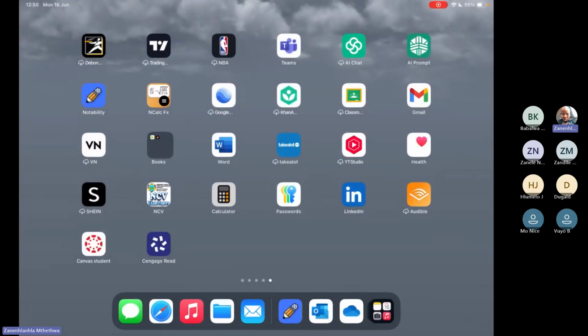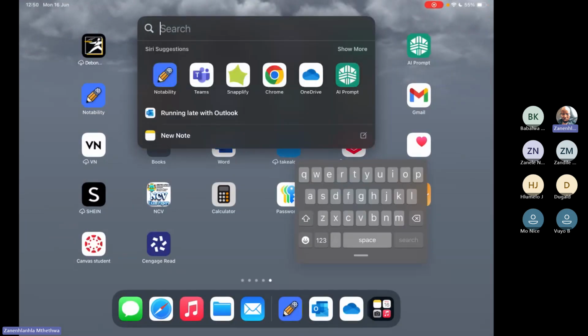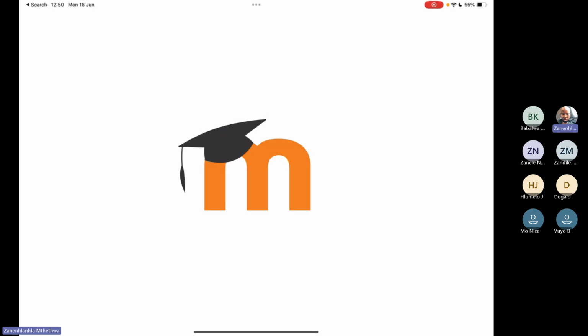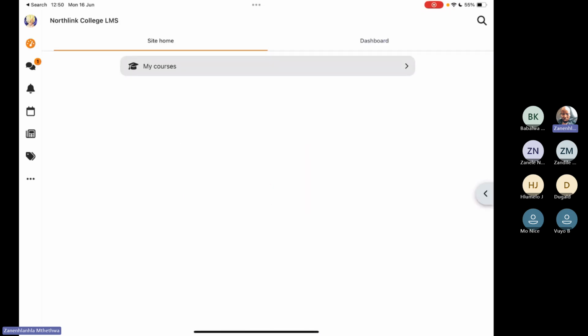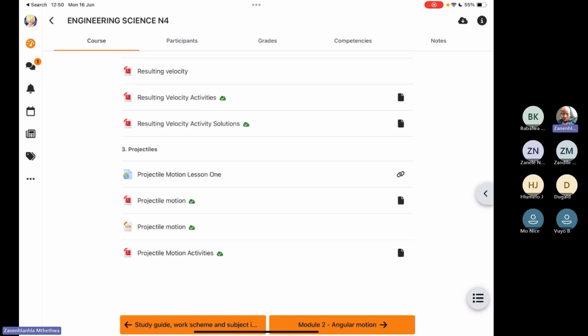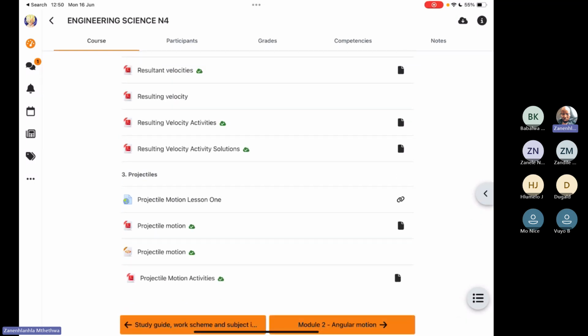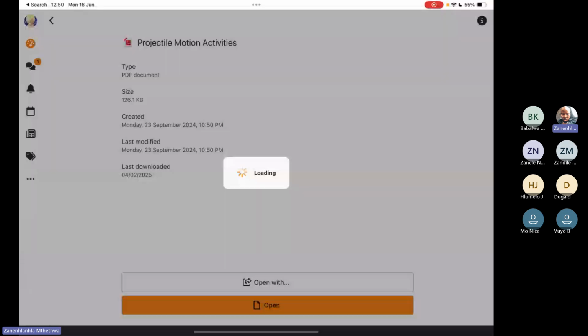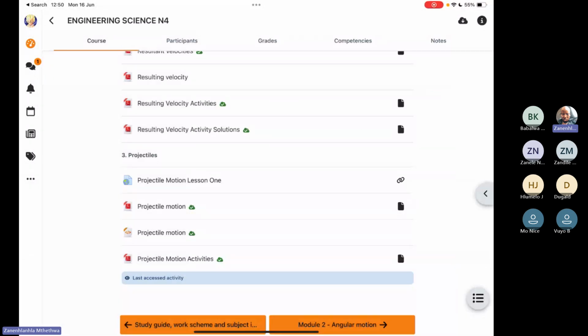It is on Moodle. Yes, it is on Moodle. So if you have access to Moodle, you can access this there. I will send the group though. And then I'll do a couple and then send the solutions to the group as well.